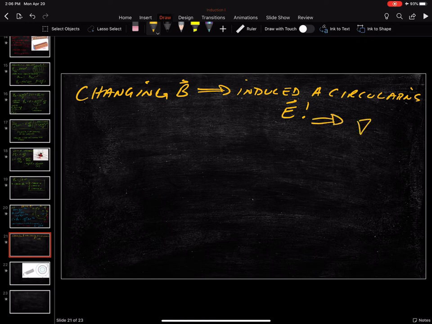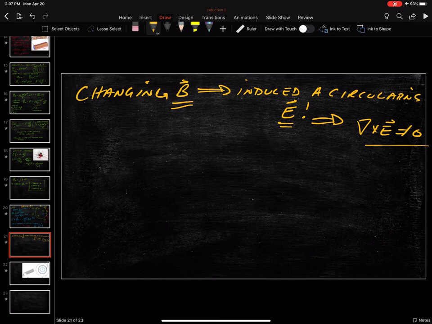Del cross E is not equal to 0 because it's circling around. And so we got to try to understand this thing, but this is something very, very deep. This is something very important, okay? Because this implies that magnetism and electricity are not two separate things. That by changing magnetism, you create electricity. And that's a very deep idea.